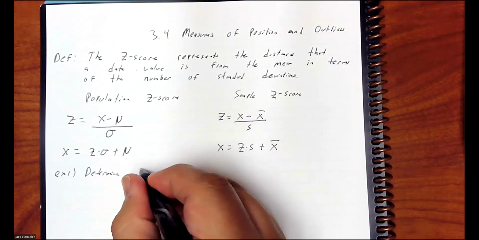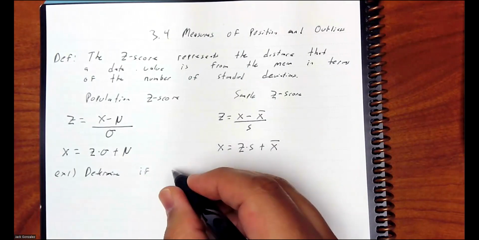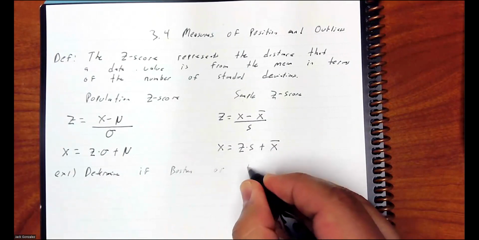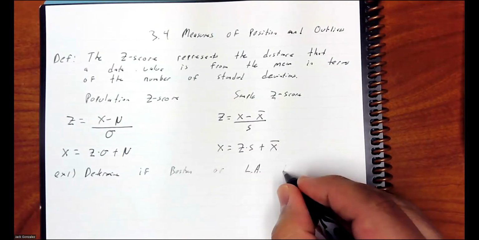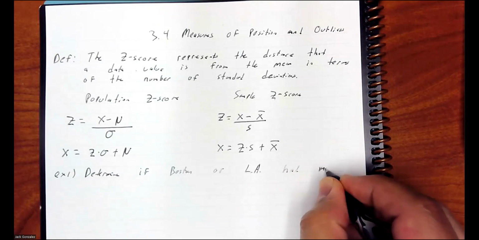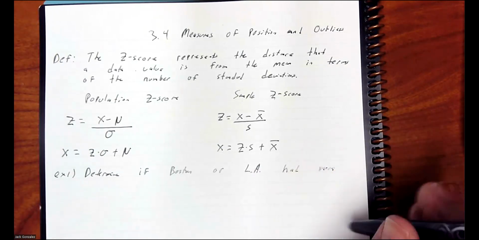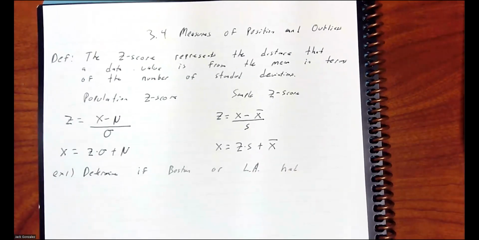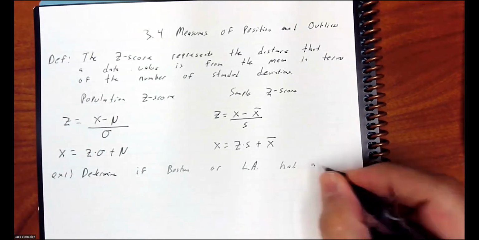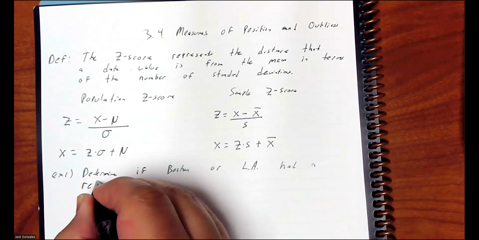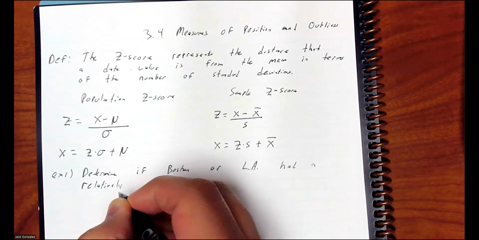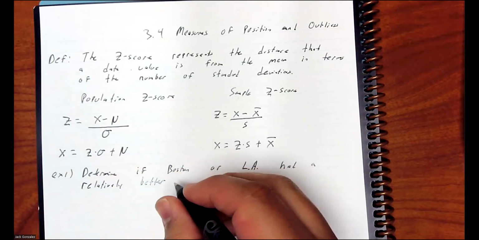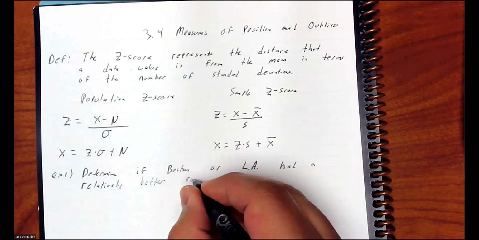So determine if Boston or LA had a relatively better run producing season.